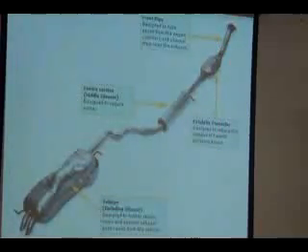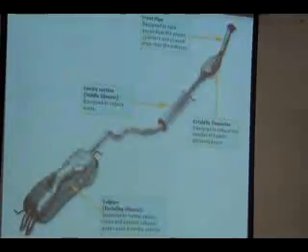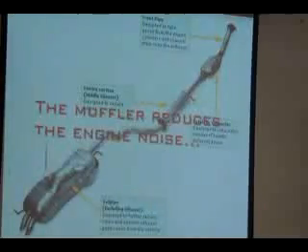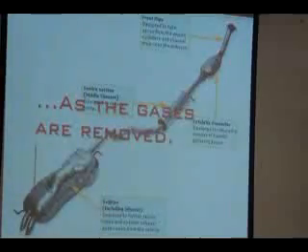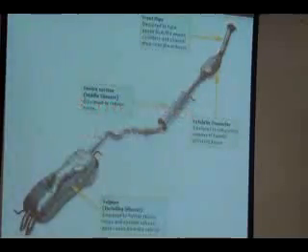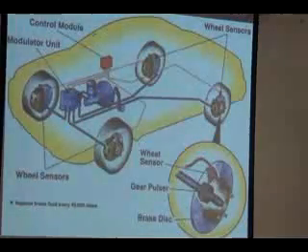You have the catalytic converter, you have the muffler. Then finally you have the tailpipe. Then you have the braking system. You can have various types.